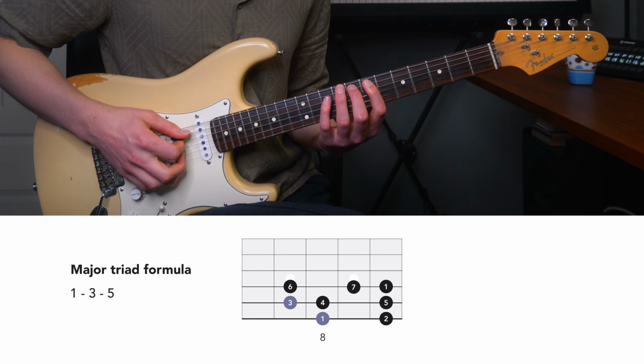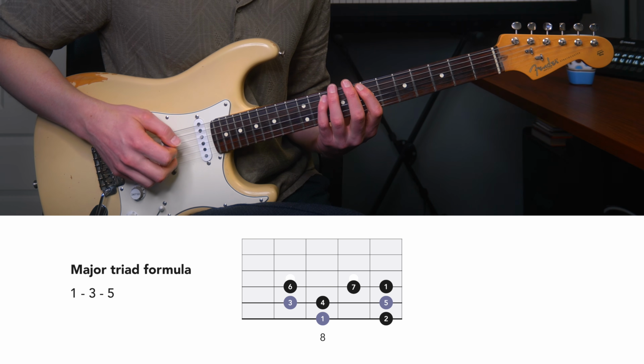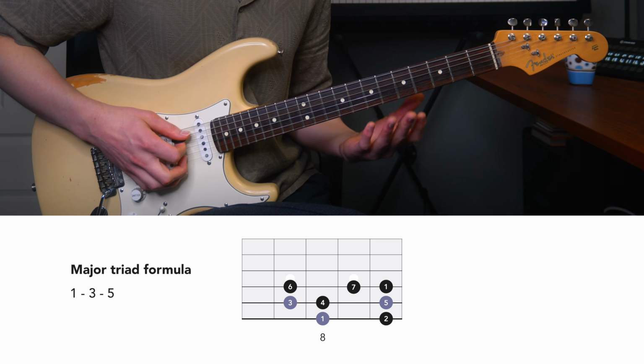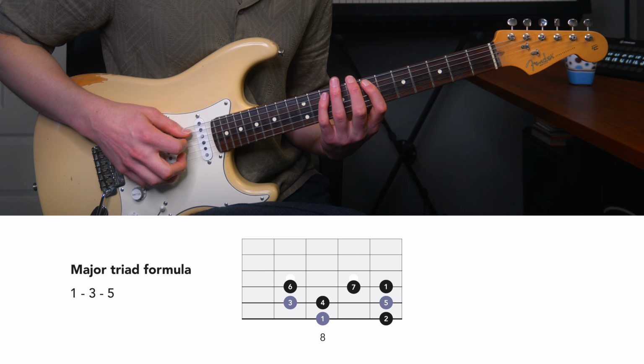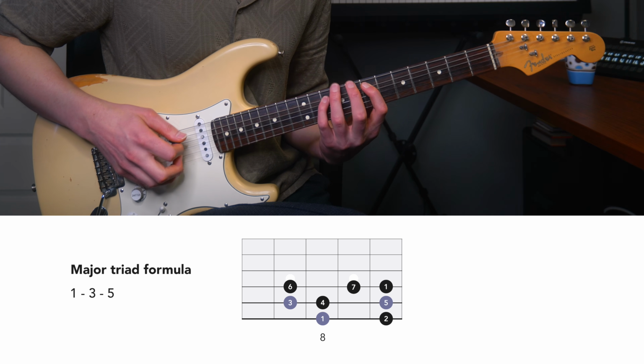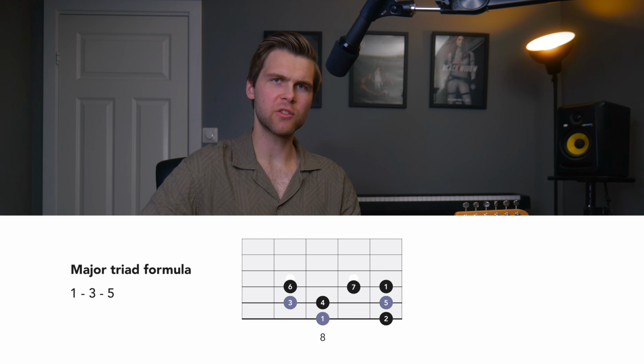Skip a note and then play the next note, the 5. And this is our triad. 1, 3, 5. And this formula is the same across the whole neck.